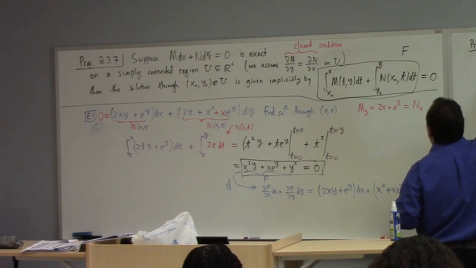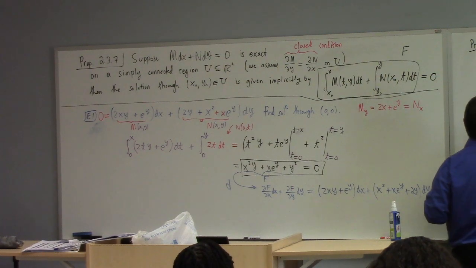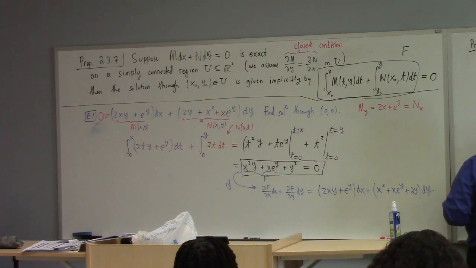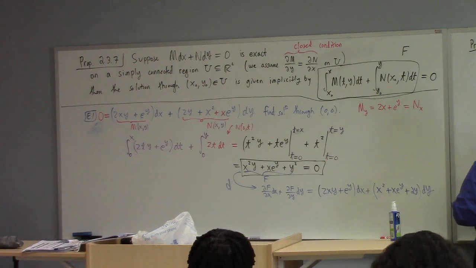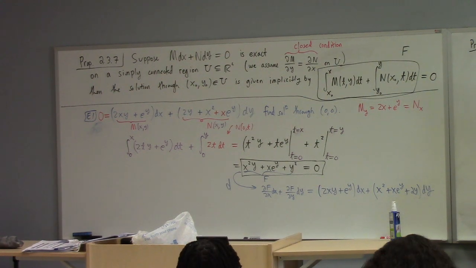What's that equal to? It's partial x of the integral from x naught to x of m of t comma y dt plus the integral from y naught to y of n of x naught comma t dt, all right?